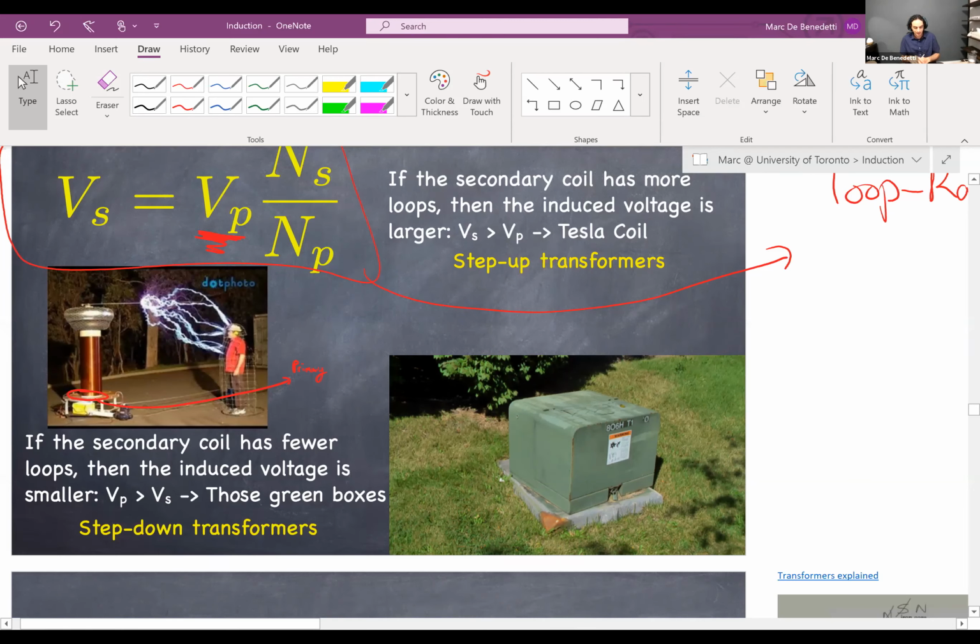It feels the flux of the primary coil, but because the loop ratio is so large, thousands and thousands of turns in the secondary, you can take that 120 volts and step it up to thousands of volts, maybe even 100,000 volts. That's how you build up enough voltage to hit the breakdown voltage of air, and then you get lightning. So that's how a Tesla coil works.